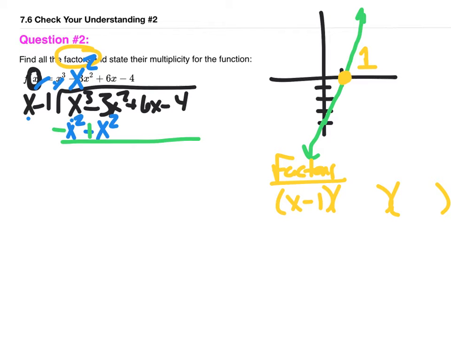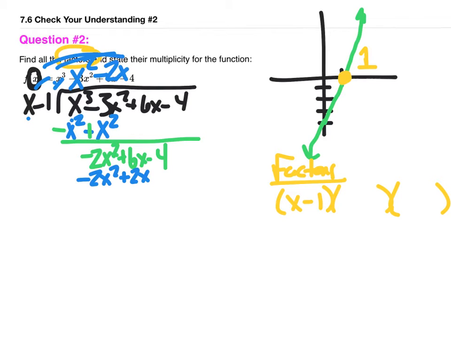We now have, when we add together, a negative 2x squared plus 6x minus 4. I need to make an x a negative 2x squared, so I'm going to need a negative 2x. I'm going to multiply that through. This is going to give me a negative 2x squared plus 2x.